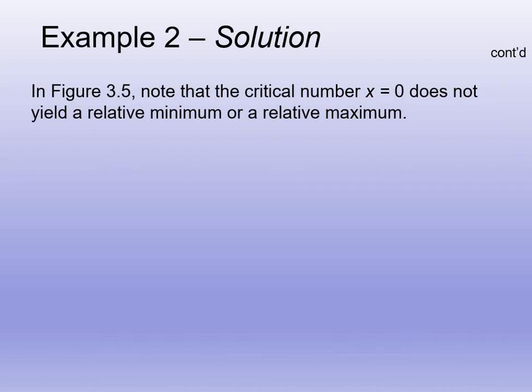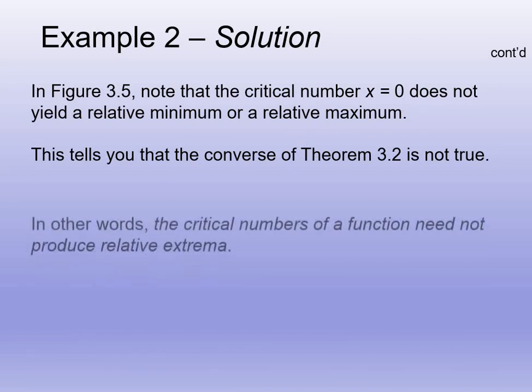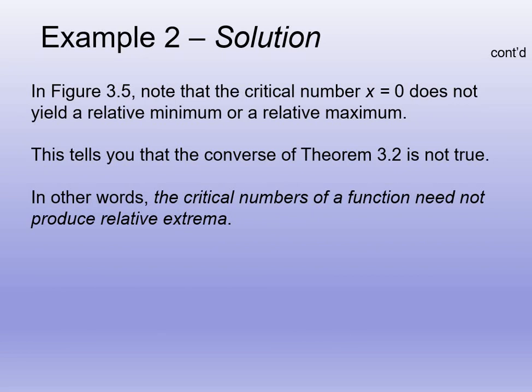They're important points. That's why we call them critical numbers. Understand what a critical number means: it means that we could have a maximum or a minimum there on the interval. It doesn't mean that we're guaranteed a maximum or a minimum on the interval. So just remember that.